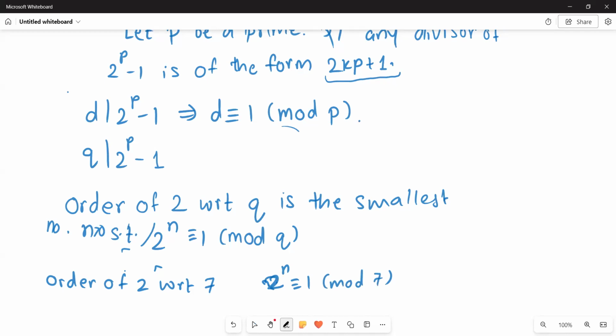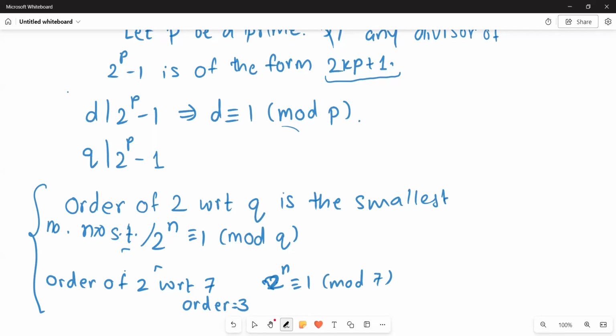So the order will be 3. This is the definition or idea of order. So what do you think the order of 2 with respect to q is?